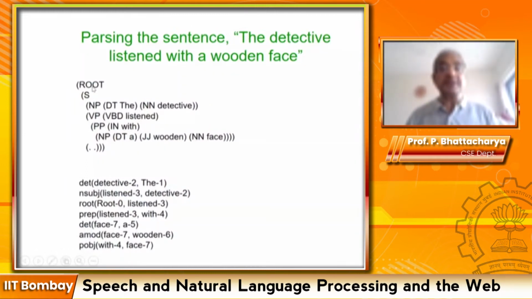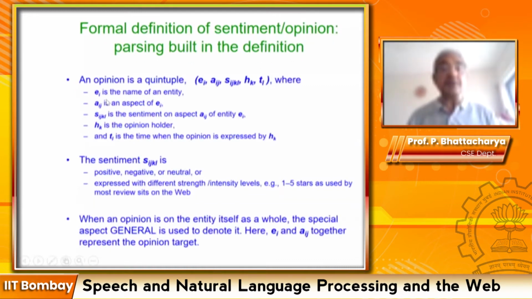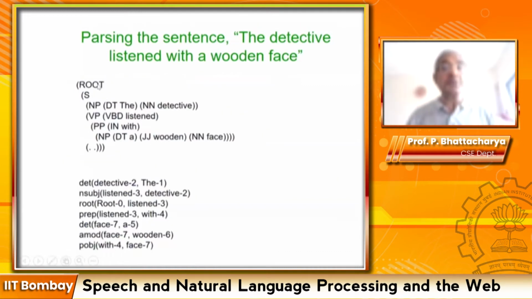So that produces a structure of this kind. This is also sequence level, though it represents a tree. Sorry. The root starts the tree. Then there is this S symbol. S means sentence.